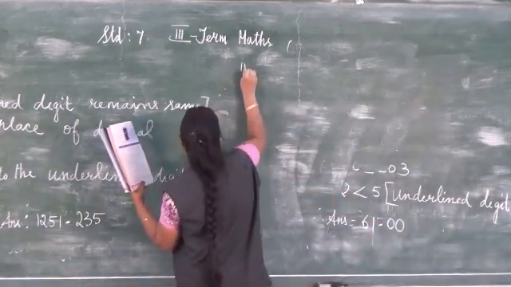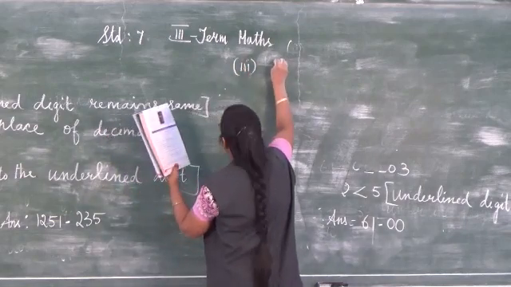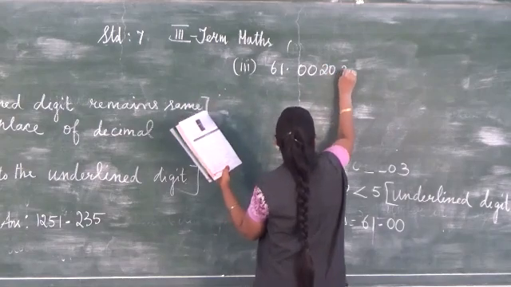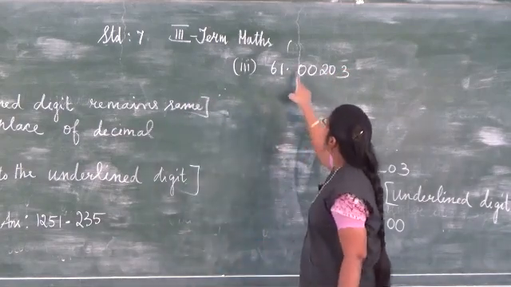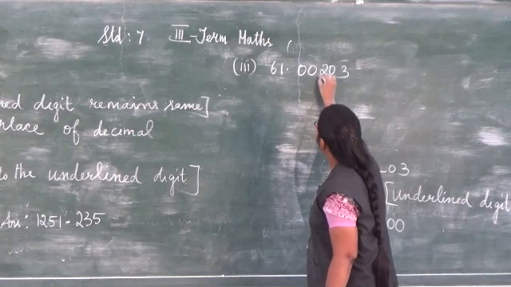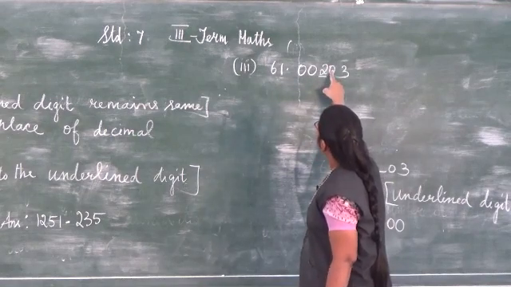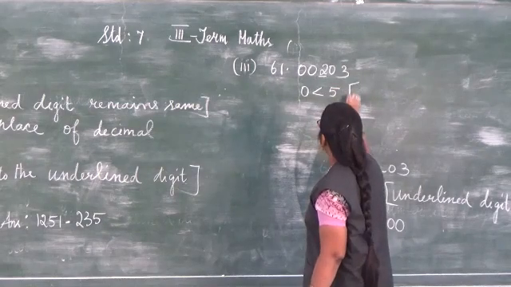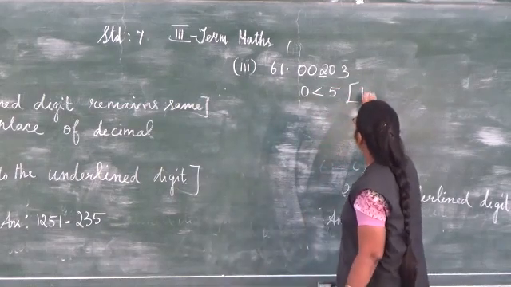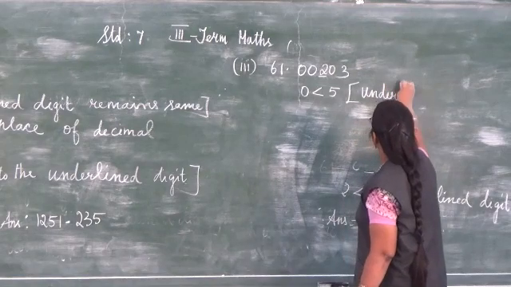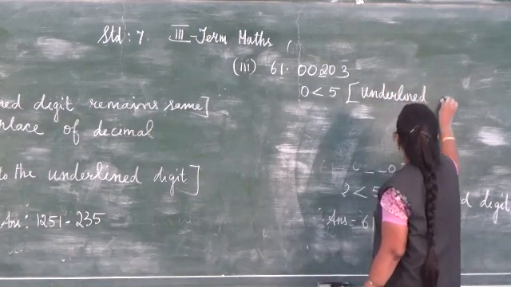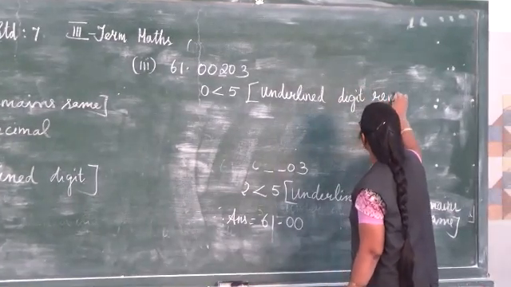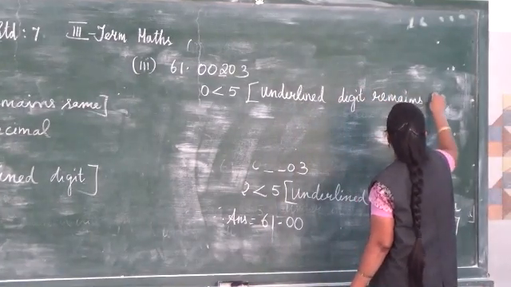The next problem, the last problem in this exercise. 61.00203. So 61.00, here I am going to underline 2. After that we take 0. 0 is less than 5, so the underlined digit remains the same.